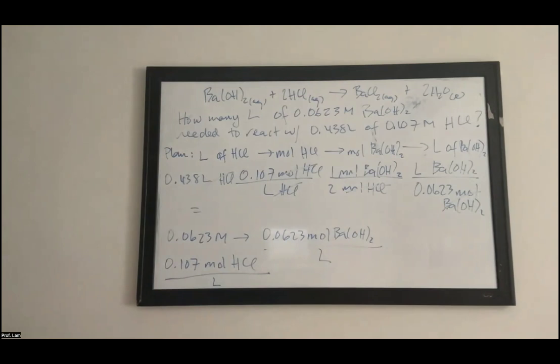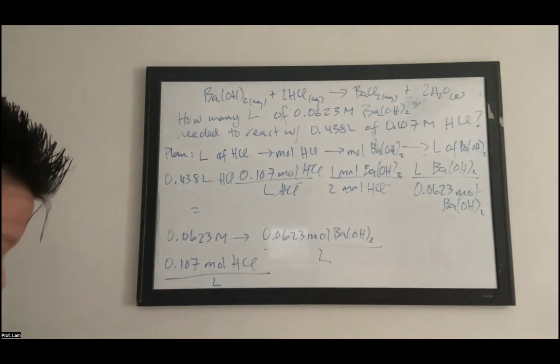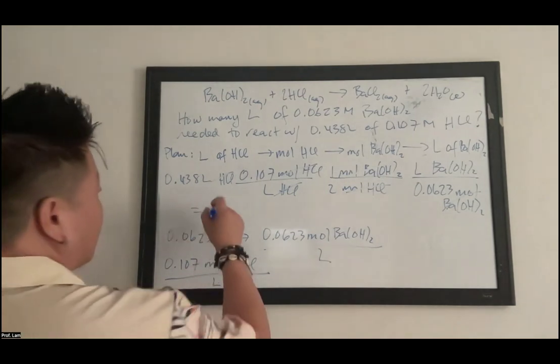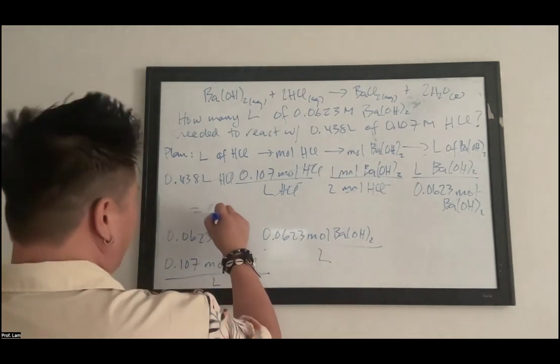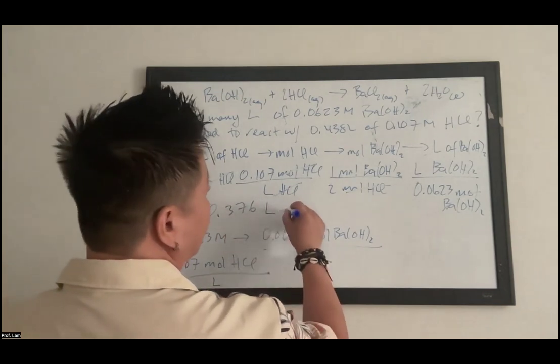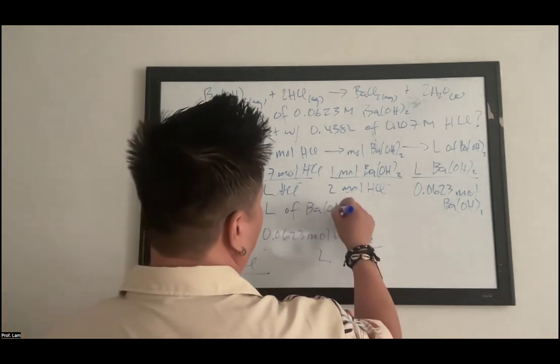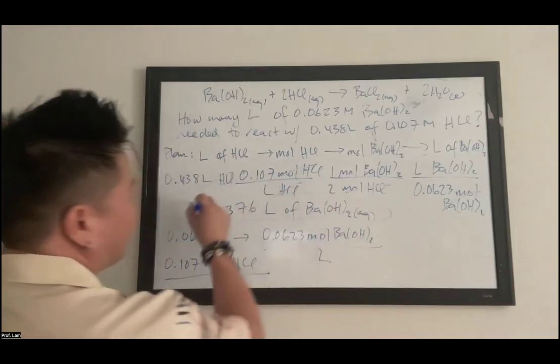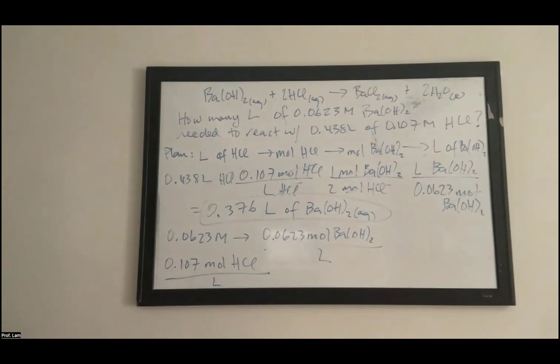Then we punch that in. It's 3 sig figs, so 0.376 liters of barium hydroxide solution. You put aqueous, because everything's in solution.